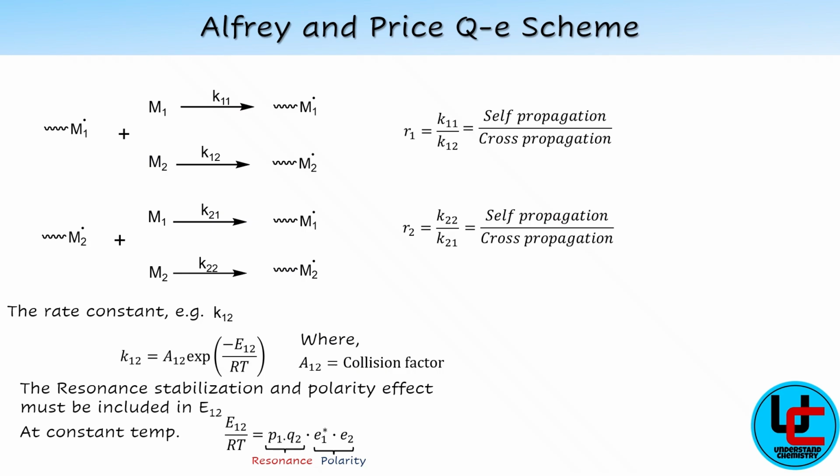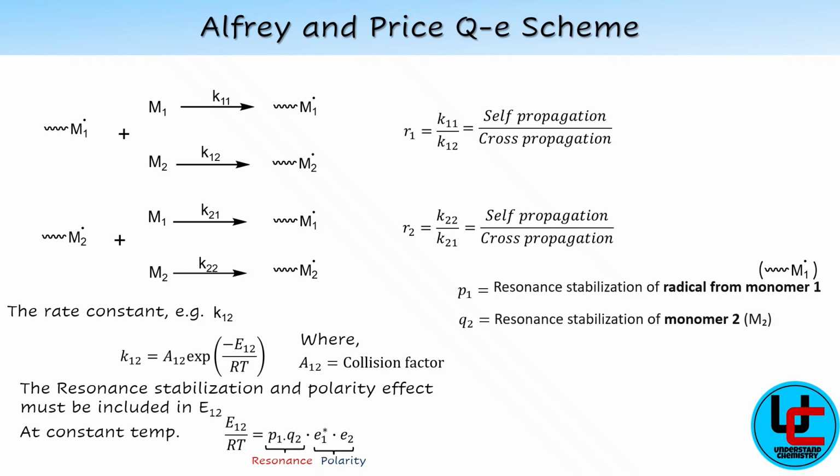This decomposition is the heart of the model. It tells us that the copolymerization is not random, it's governed by how much resonance stabilization each species brings and how their polarities interact.